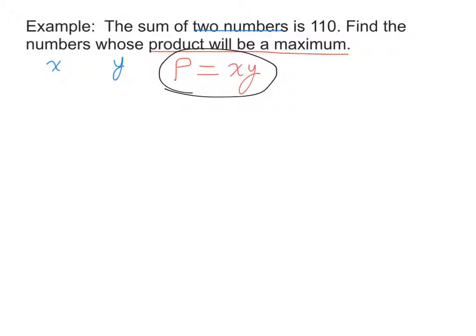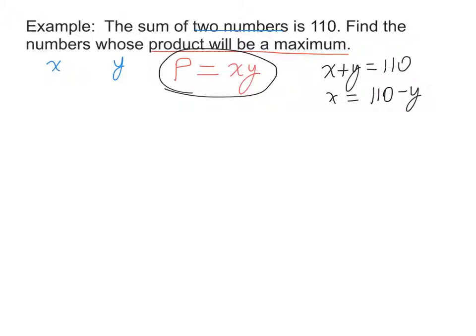Well, if we go back up to the first sentence here, it tells us the sum of these two is 110. So we know x plus y is 110. So I can solve this equation for one of these variables. It doesn't matter if it's x or y. If I solve for x, x is going to be 110 minus y.